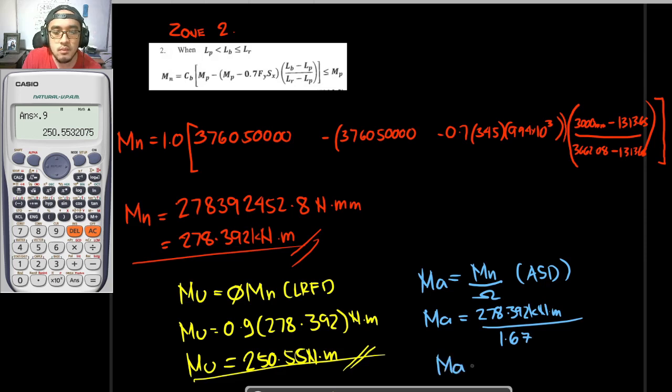So for our allowable flexural strength, that would be equal to 278.392 divided by 1.67, so that is 166.702 kilonewton meter. By the way, I forgot our unit here, so this should be kilonewton meter. So that is it for our second case, which is the unbraced length equal to 3 meters.